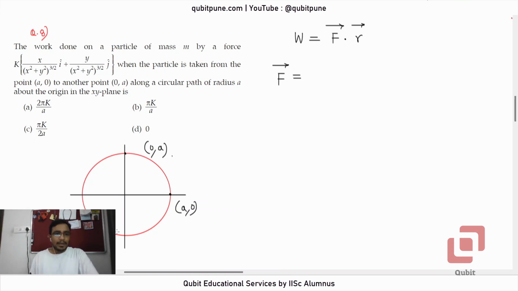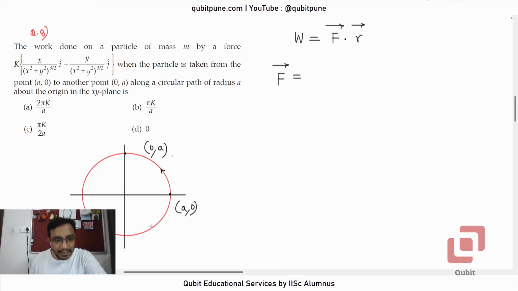Now, the problem's options themselves suggest that this particular force is a conservative force. Why can I say that? Because even if I choose this path in the first quadrant to take the particle from (a, 0) to (0, a), I would get a value for the work done.